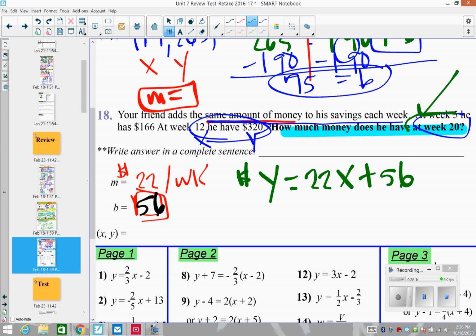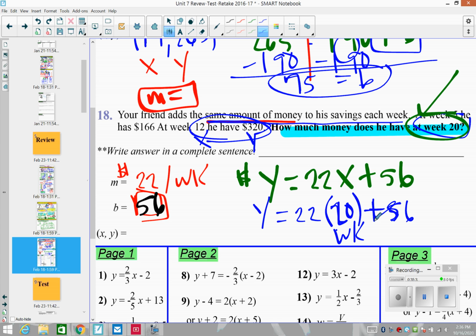So at week 20, that means 20 weeks have gone by. So the x is 20. At week 20, how much money will your friend have? So we have 22 times 20 plus 56. So when we put that in, $22 for 20 weeks plus the 56 your friend started with, I'm getting that your friend would have $496.